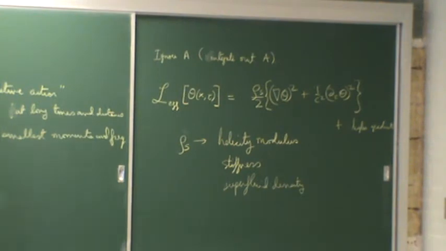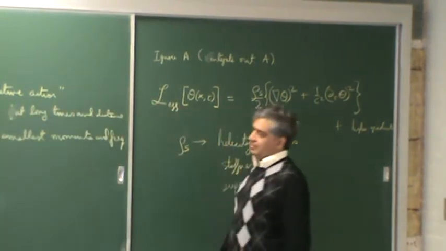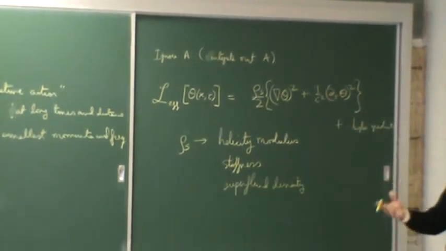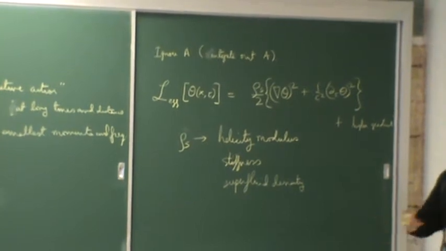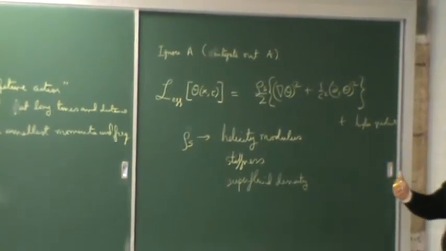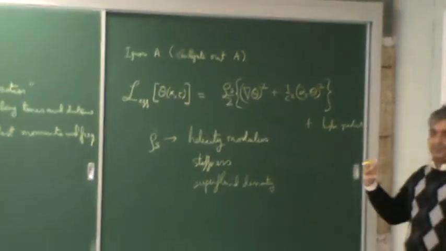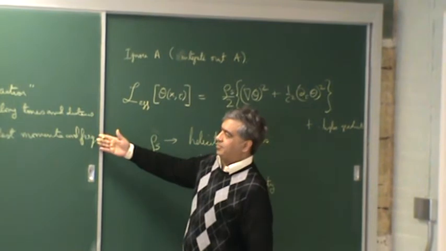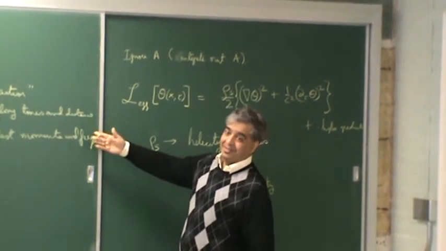And the first thing we can see is what are the dimensions of rho s. So rho s is a pure number that characterizes any single fluid, whether it's sitting on the lattice or not. I'll show you how you can measure it, or if you had a fast computer, you can compute it. I've given you a prescription here of how to compute it: do this very complicated exact RG.